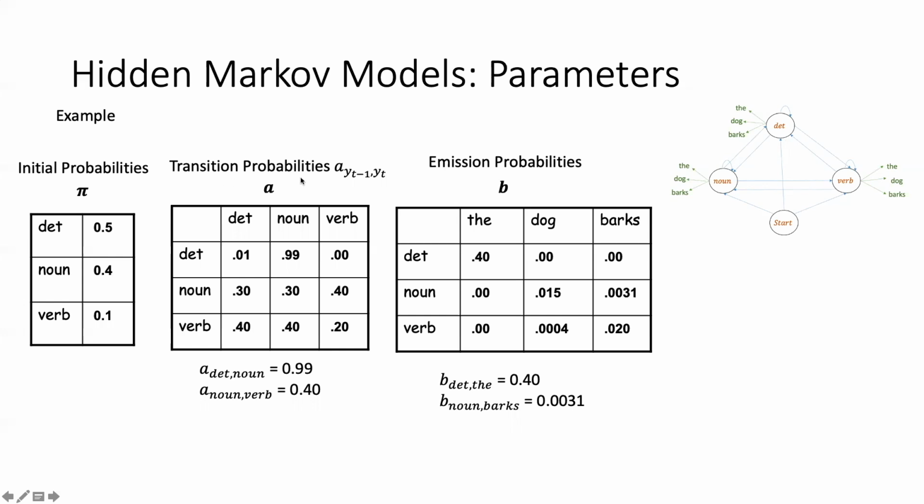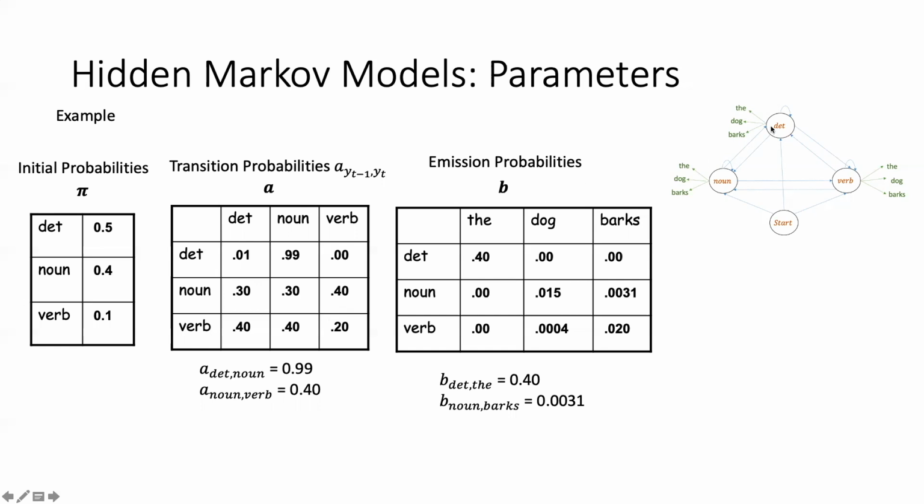These are captured using transition probabilities a of y t minus 1 comma y t, where the rows indicate the previous state y t minus 1, and the columns indicate the current state y t. For this example, a of det comma noun indicates the transition from determiner state to noun state, which is indicated here, and transitioning from noun to verb is indicated here.